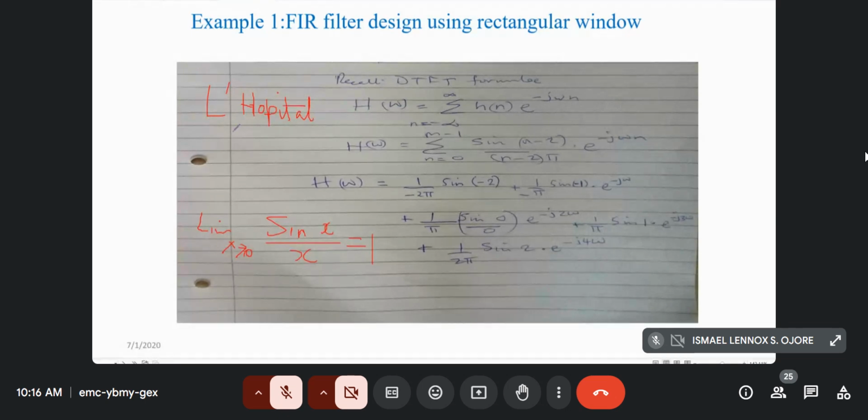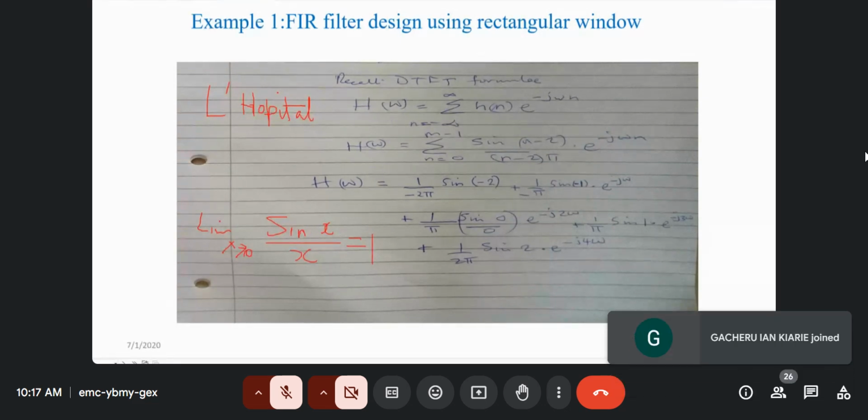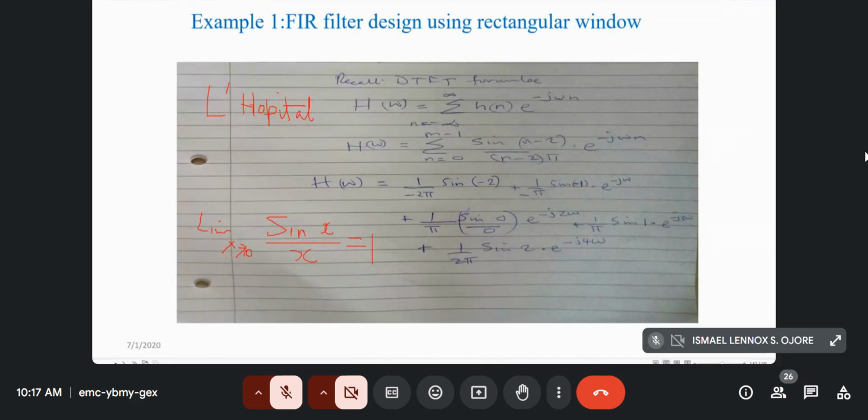So this rule tells us that this tends to 1. Of course, that is one way of doing it. The other one is simply working it from H of omega. If you work from H of omega, it will still give you just 1 over pi. So this becomes just 1 over pi. You can either work it from this, so it becomes 1 because this will become 1.